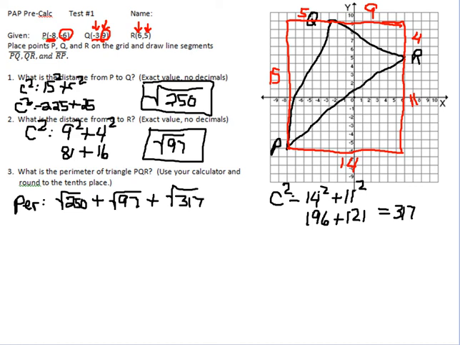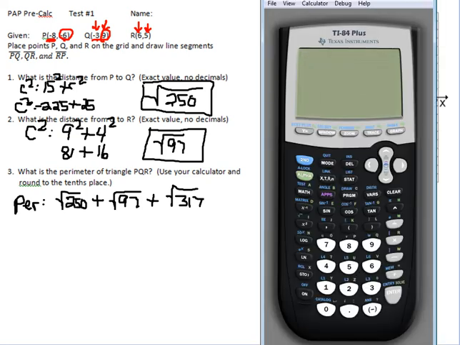Okay, get your calculator out. Okay, so let's type that in. So it's going to be the square root of 250, close that one, plus the square root of 97, close that one, plus the square root of 317. Rounding that to the tenths place would be 43.5.